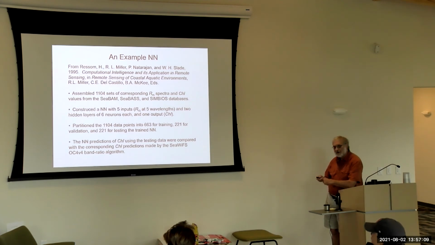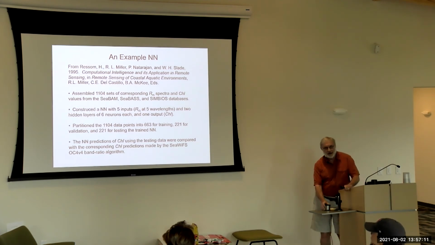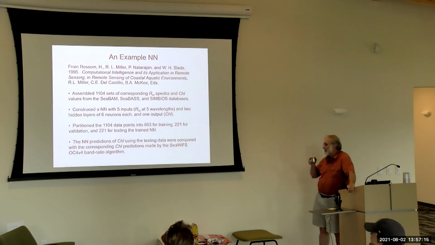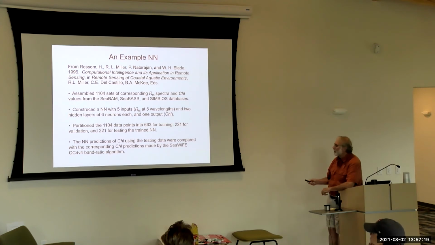And this is why you need to upload your data to the archive when you get funded by NASA, so people can use it for other things. So they constructed a neural network that had 5 inputs, which was RRS at 5 different wavelengths, had 2 hidden layers, and we'll see those in a second, and 1 output, which is chlorophyll.